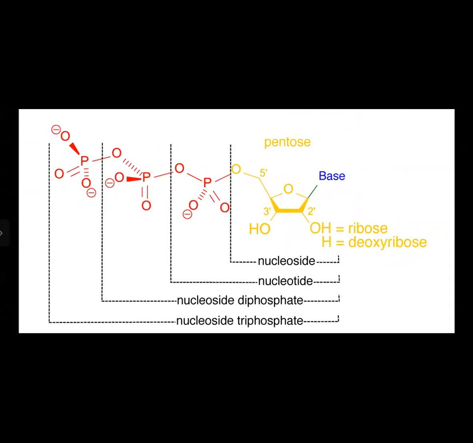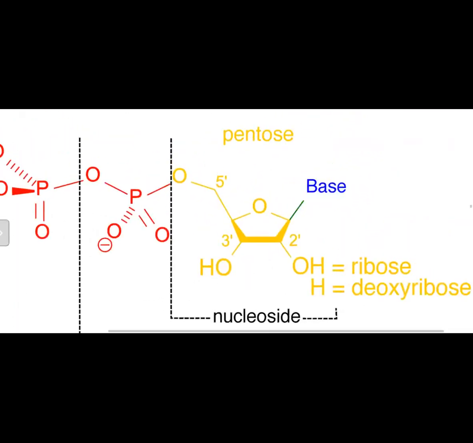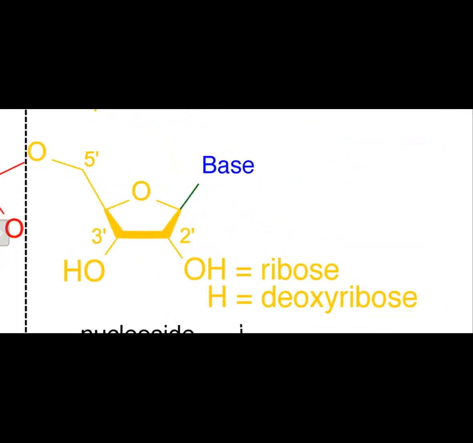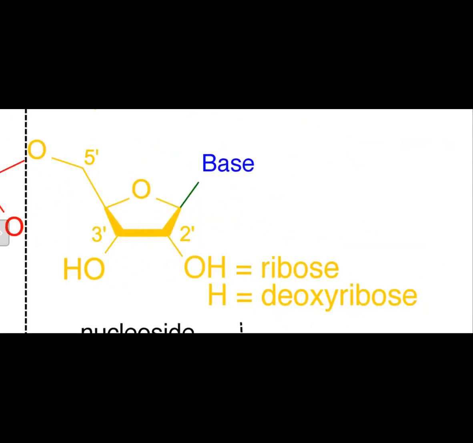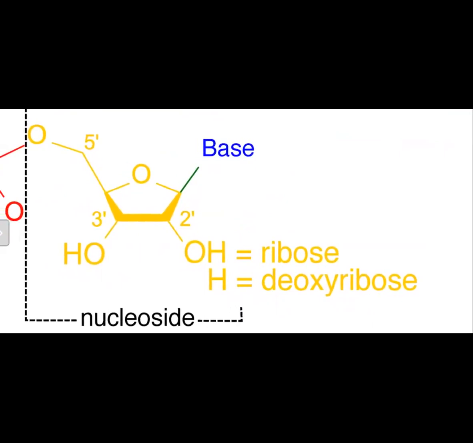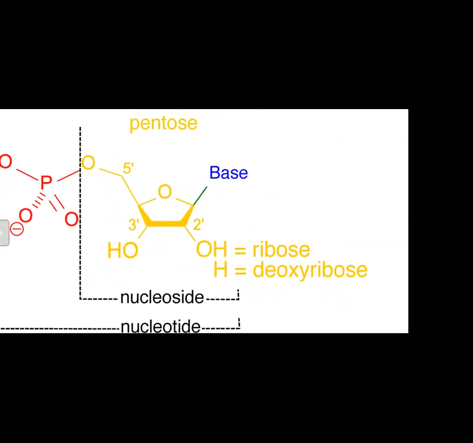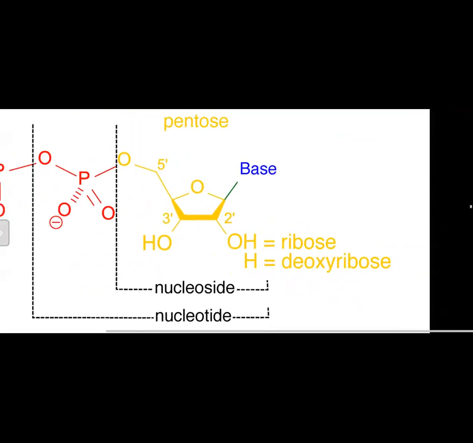Let us repeat this once again, because the possibility of questions from this concept is very high. To the pentose, at the C1 position, nitrogen bases are attached, and this structure is called a nucleoside. If one phosphate is attached, it is called a nucleotide.